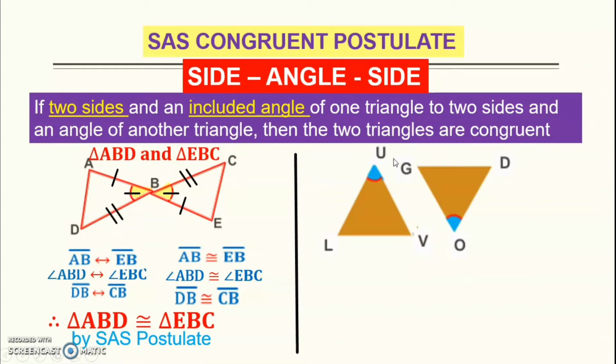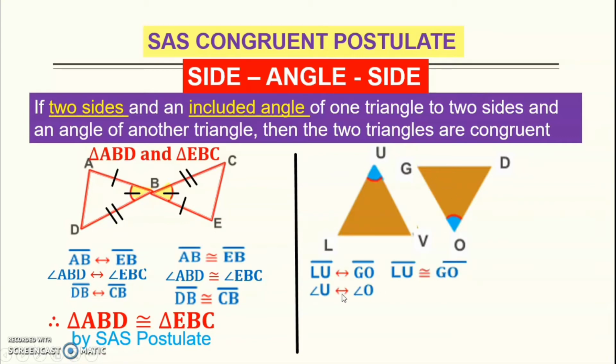So we have an example, triangle LUV and triangle GOD. Angle U corresponds to angle O, angle L corresponds to angle G, then angle V corresponds to angle D. So side naman, side LU corresponds to side GO.